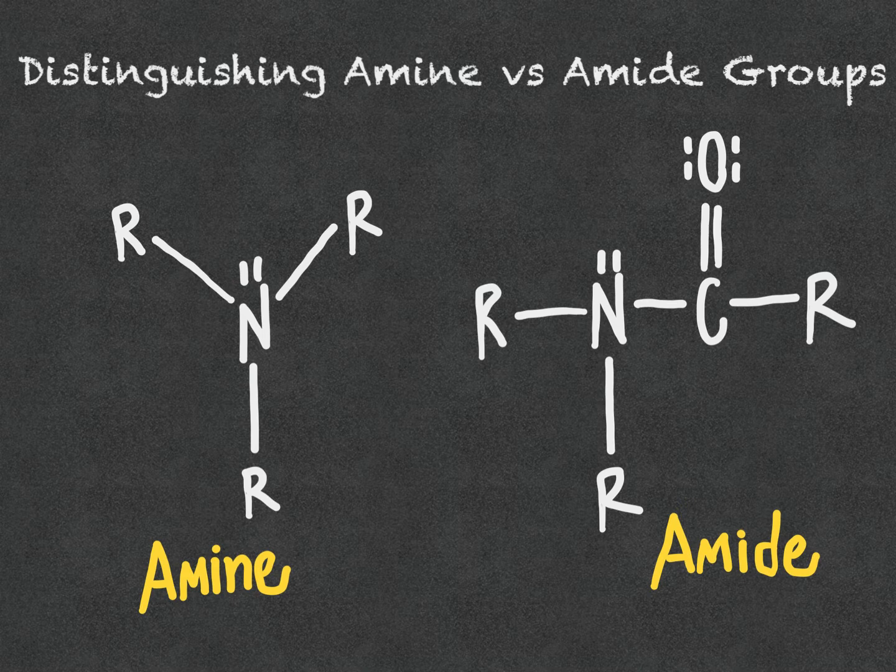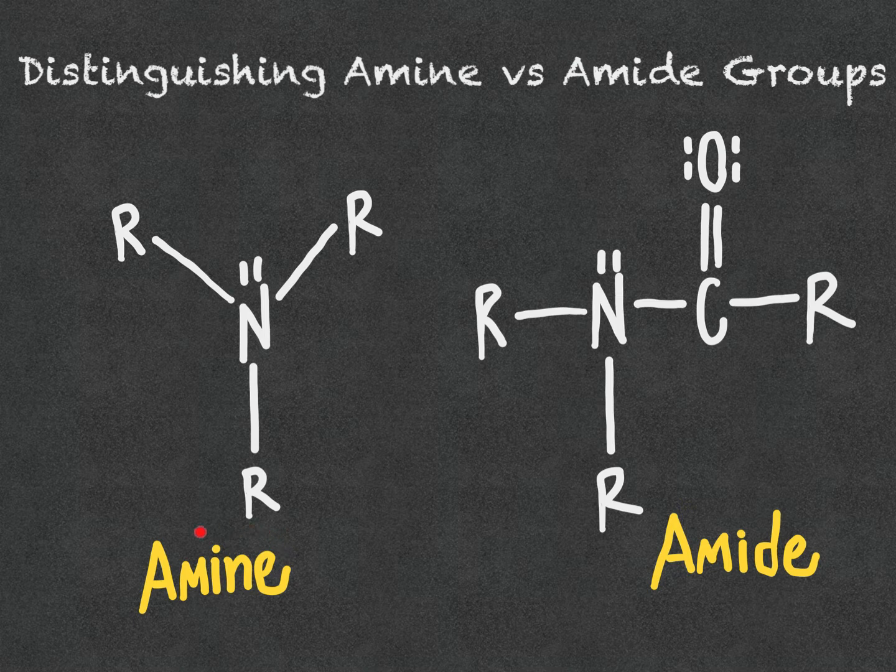Now let's take a look at how we can efficiently distinguish between a molecule that has an amine functional group and one that has an amide functional group. This is essential to be able to recognize the difference between these two because the two different functional groups will have different types of reactions that they are capable of undergoing and very different biological functions.